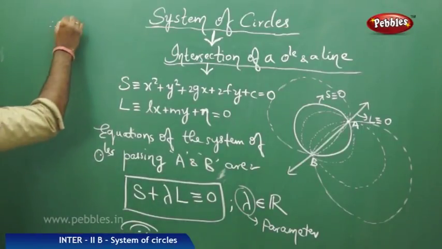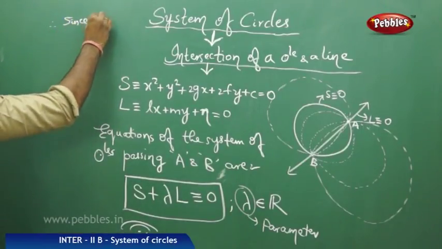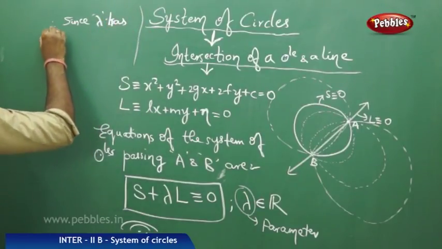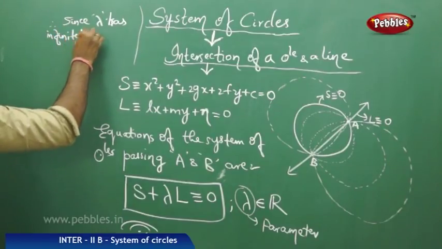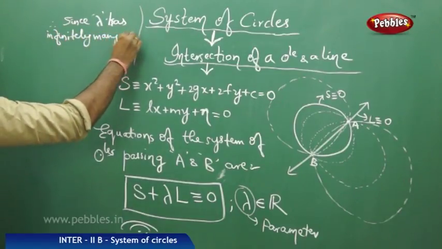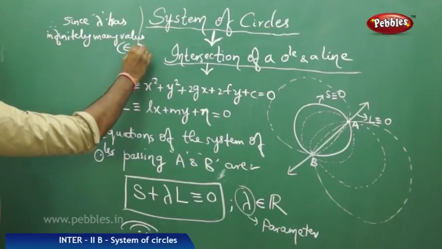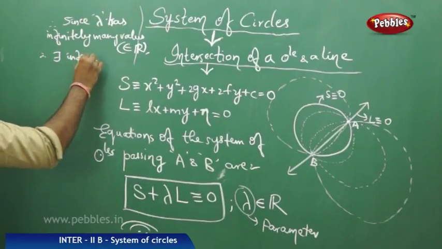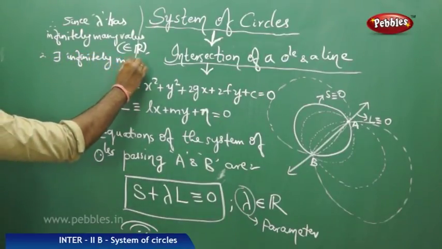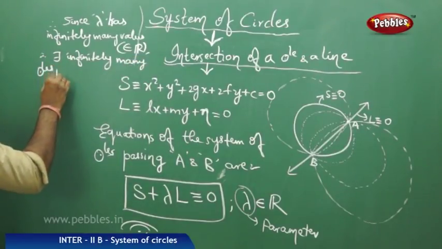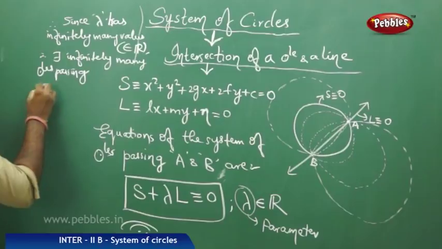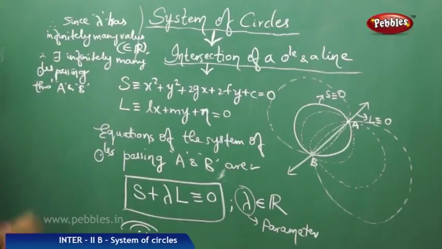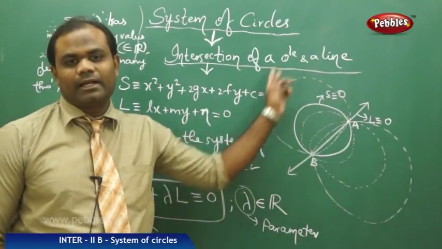Therefore, since lambda has infinitely many values, of course belonging to R, therefore there exist infinitely many circles passing through A and B, which are the points of intersection of the line and the circle.